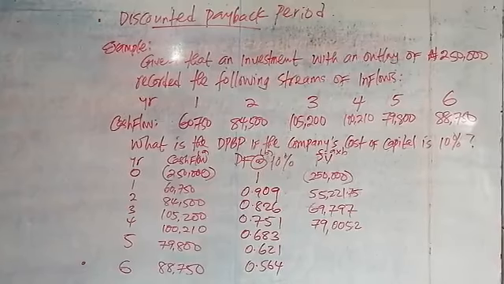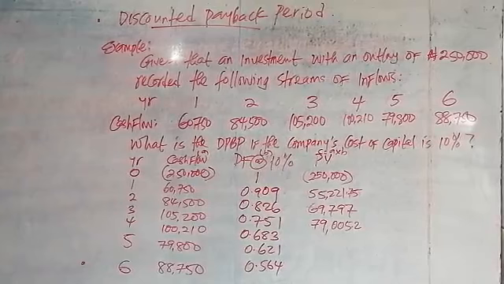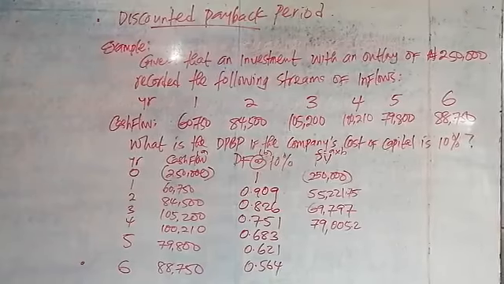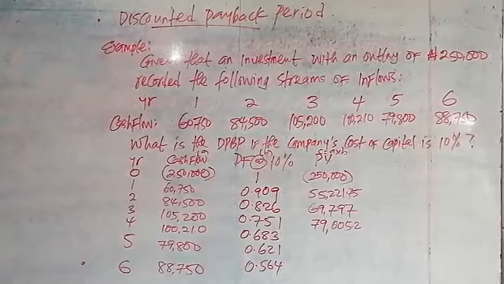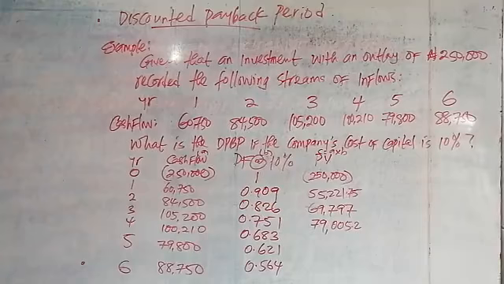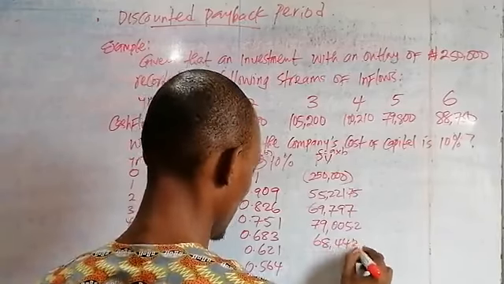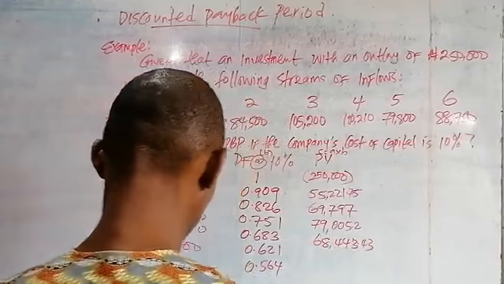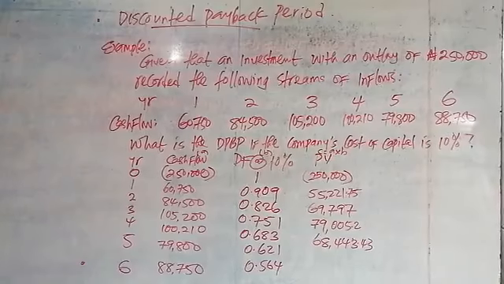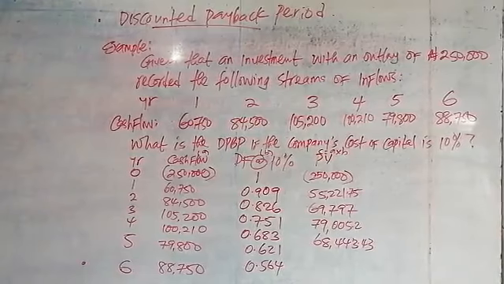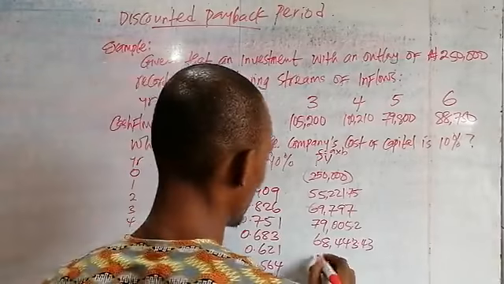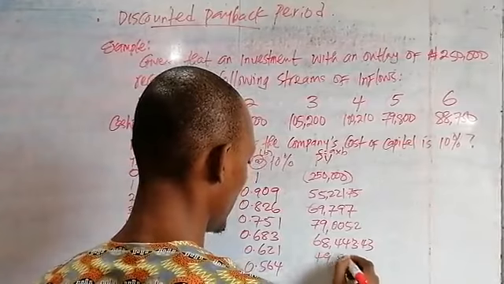So 100,210 multiplied by 0.683, we have 68,443.43. Then 79,800 multiplied by 0.621, we have 49,555.8.